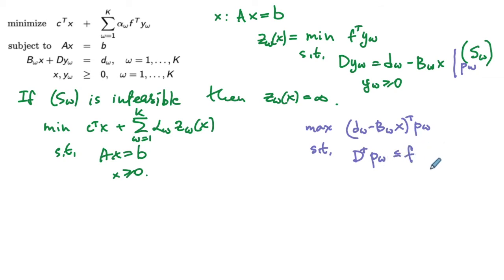Now note that the feasible region of the dual LPs for different scenarios is actually the same, and only the objective differs from one problem to another.